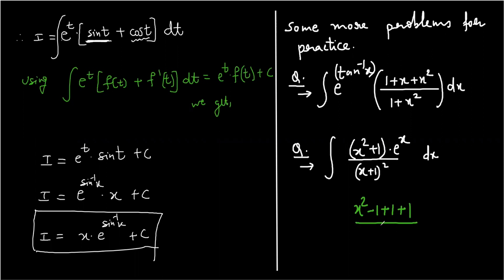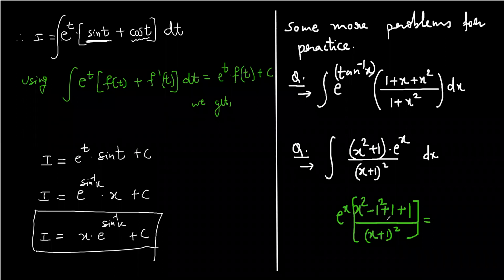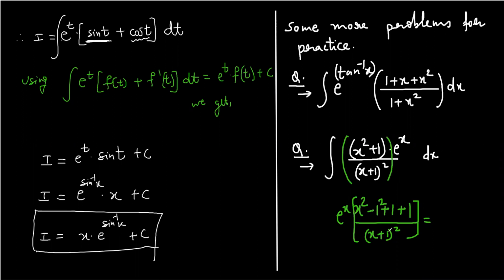Then in the next step you will write x square minus 1 as 1 square, and then you will separate that denominator. That e raised to x will always be there outside. You are manipulating only inside the bracket. Then you will split this x plus 1 the whole square for x square minus 1 square, and 1 plus 1 is 2.